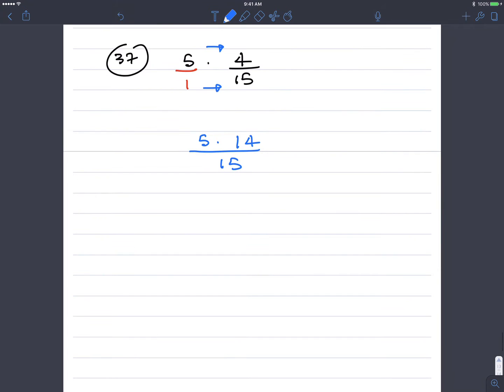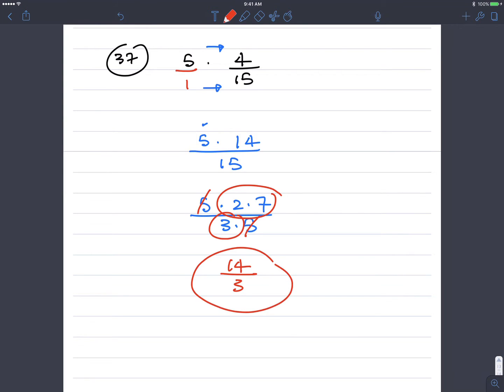Once I've done this multiplication step, I use the cancellation property, but I have to factor all my numbers here. 5 is already prime. 14 is 2 times 7. 15 is 3 times 5. Cancellation says only the 5s can go away because they're on top and bottom. And these are the numbers that are left. So 2 times 7 will be 14, and that 3 is left on the bottom. So this is 14/3.